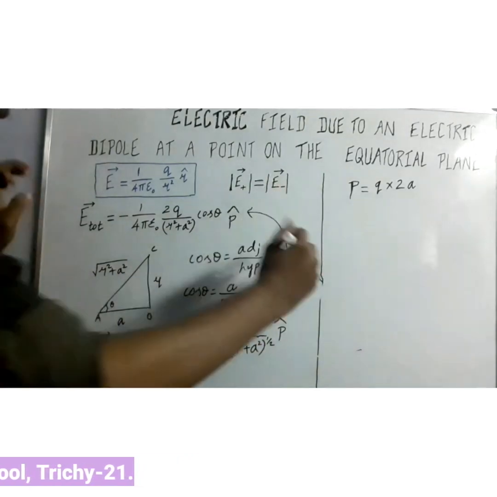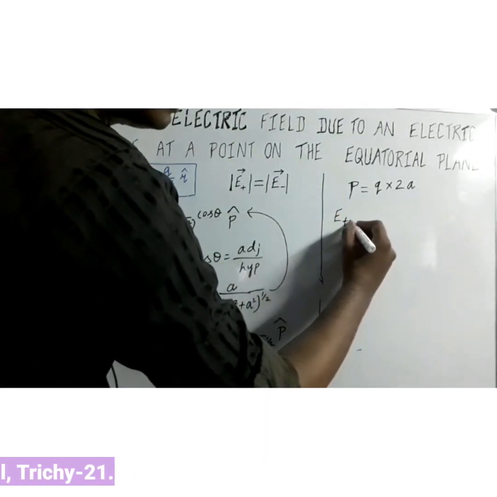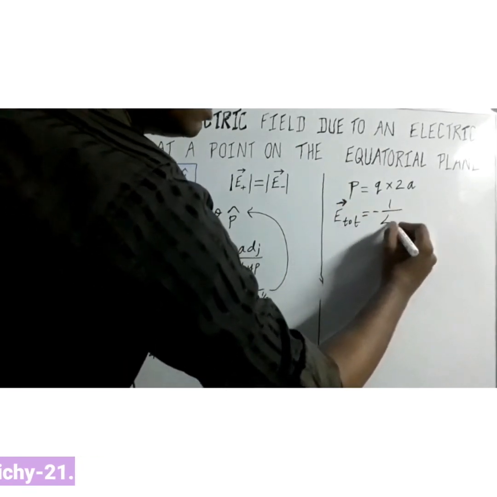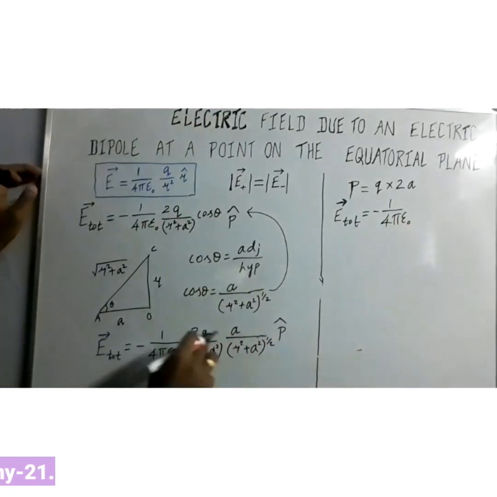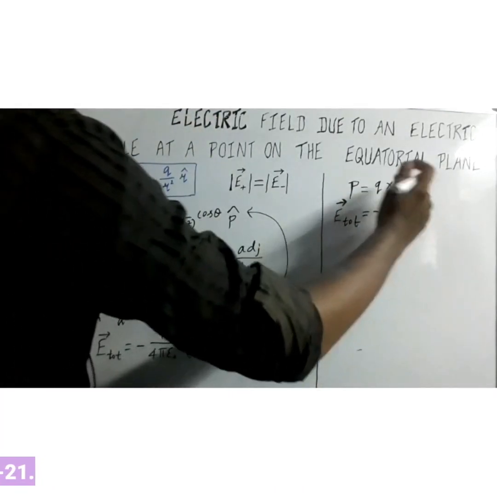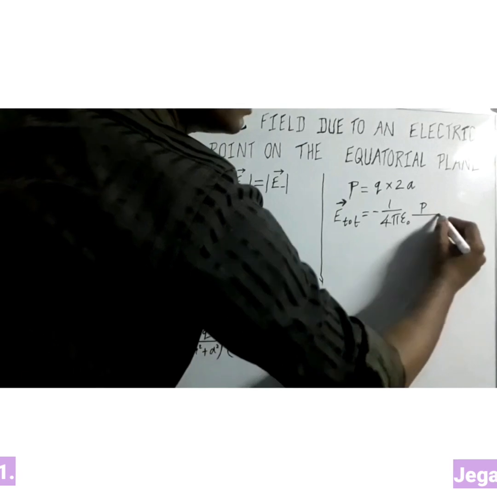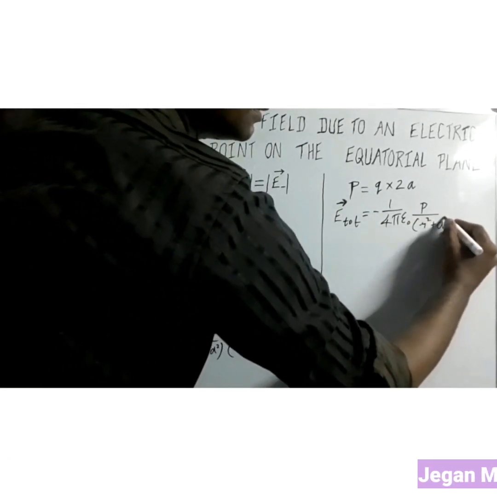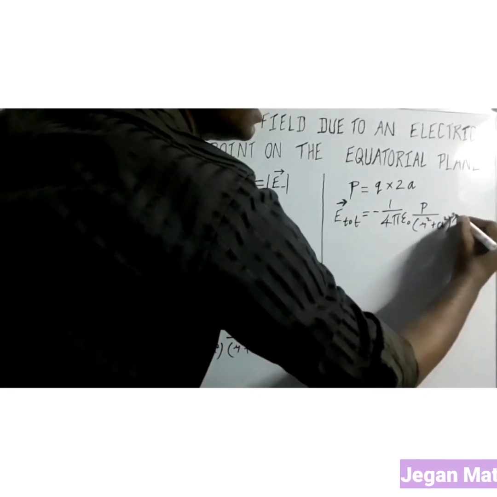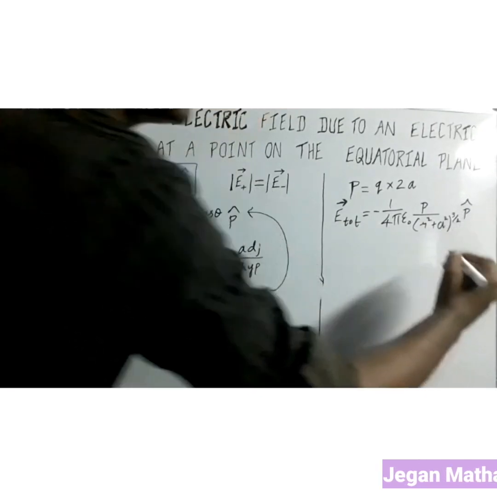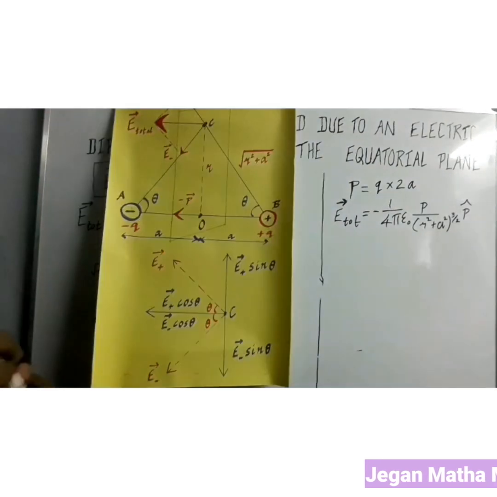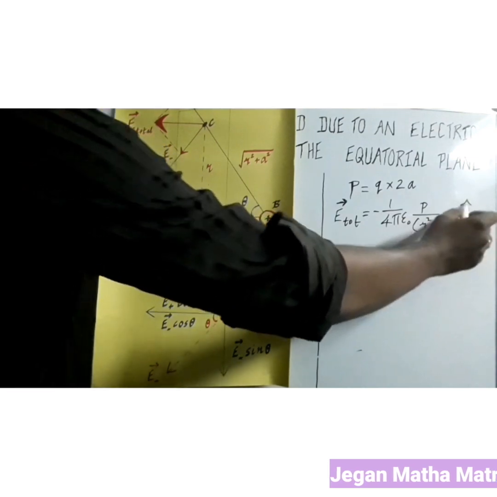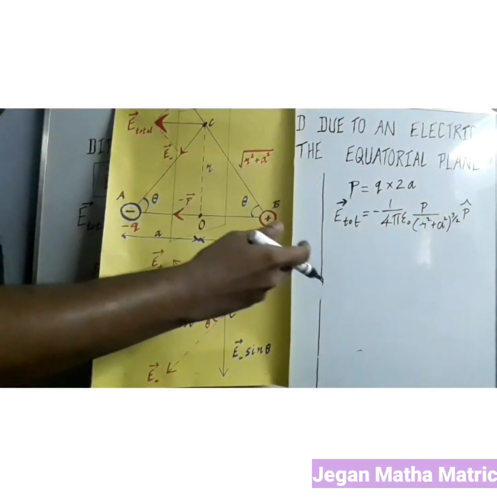So this expression can be written as the total electric field equal to minus 1 by 4 pi epsilon naught, instead of 2qa we write P, divided by r square plus a square power 3 by 2 into p cap. In this expression, the magnitude of the dipole moment can be multiplied with this unit vector, and you get the vector form of the dipole moment.